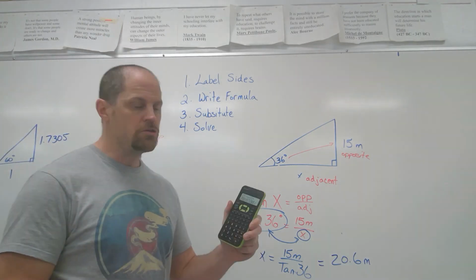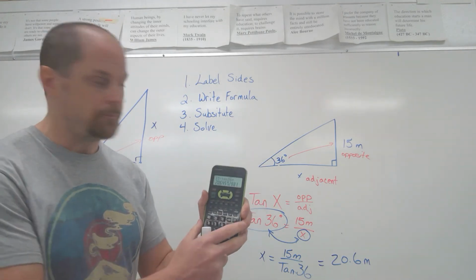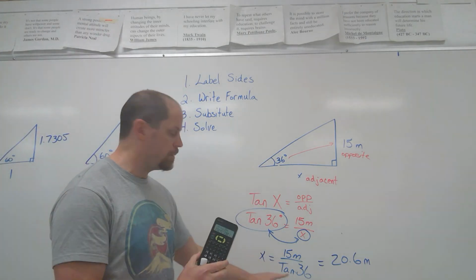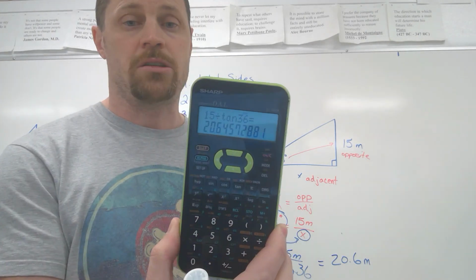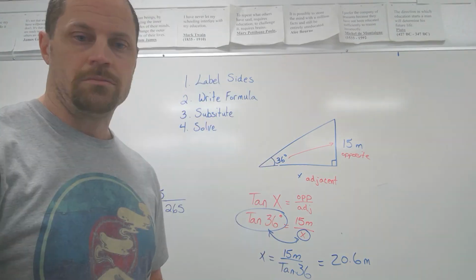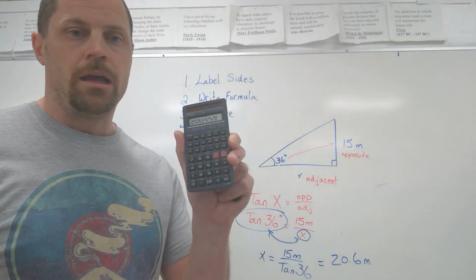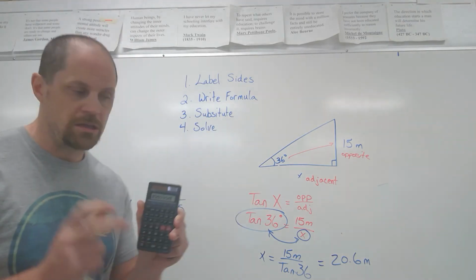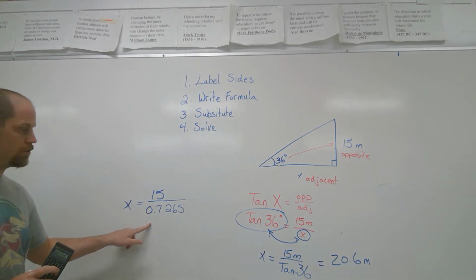Now, if you're using a calculator that you can see your work, you type exactly what you see. You type in 15 divided by tan 36. And as you can see on this one, you get the answer 20.6 meters. If you're using a single line or a basic calculator, there's one extra step you'll have to take. It's a little bit harder, so I recommend calculating tan 36 first.